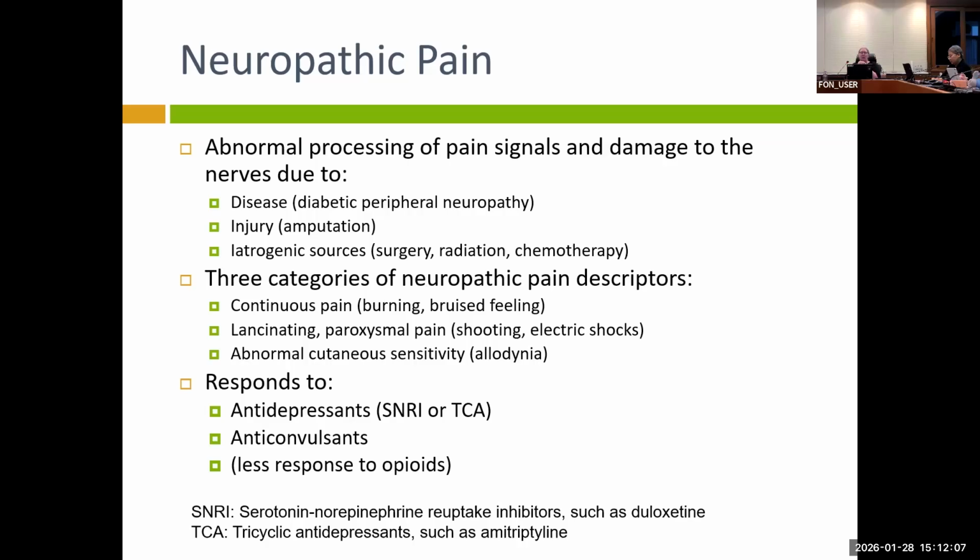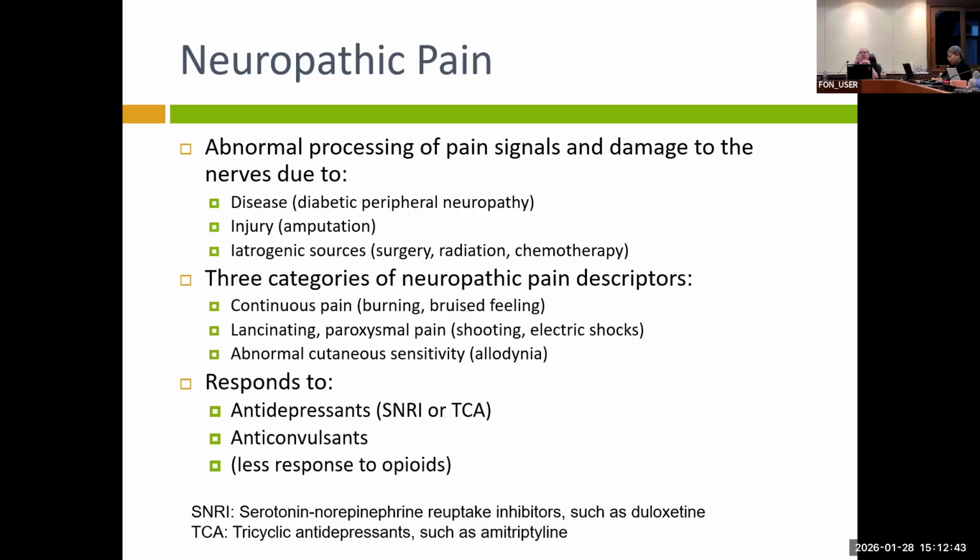And the other thing is allodynia, where you have abnormal sensitivity, where even a very light touch like this is really, really painful. So those are the 3 types of pain descriptors for neuropathic pain. Again, that burning pain, which is continuous, the shooting pain, or the hypersensitivity.